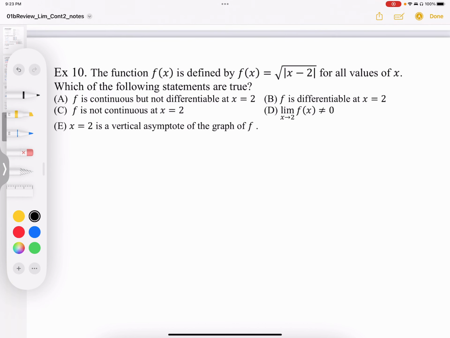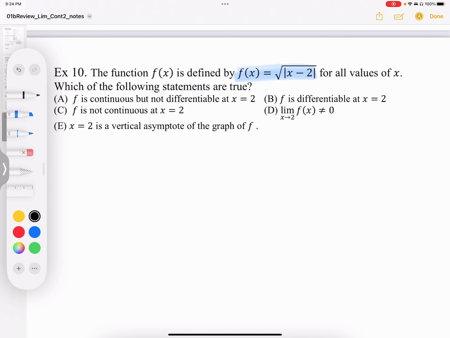Example 10. The function f of x is defined by f of x equals the square root of the absolute value of x minus 2 for all real values of x. Which of the following statements are true? The first thing we want to do is establish what this function looks like. We know that this is a square root function, and the absolute value is just going to mirror the square root on the other side.